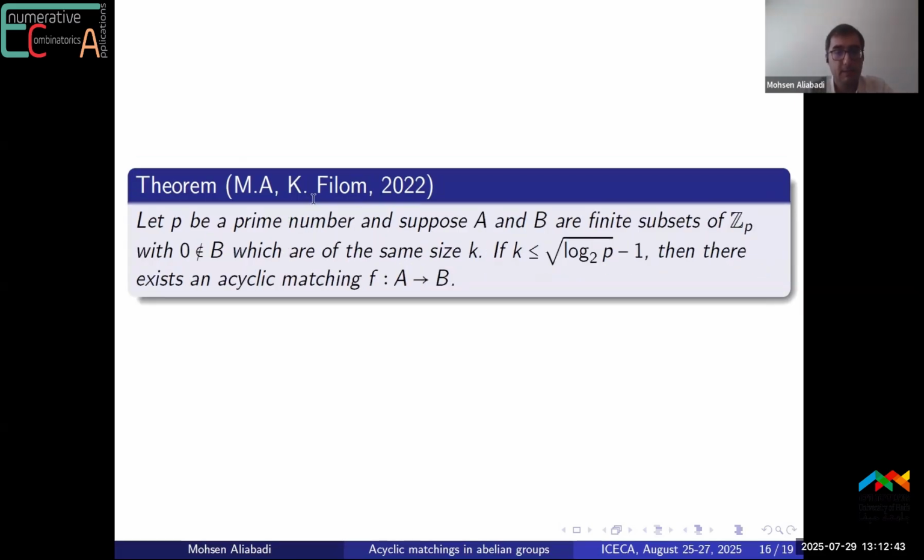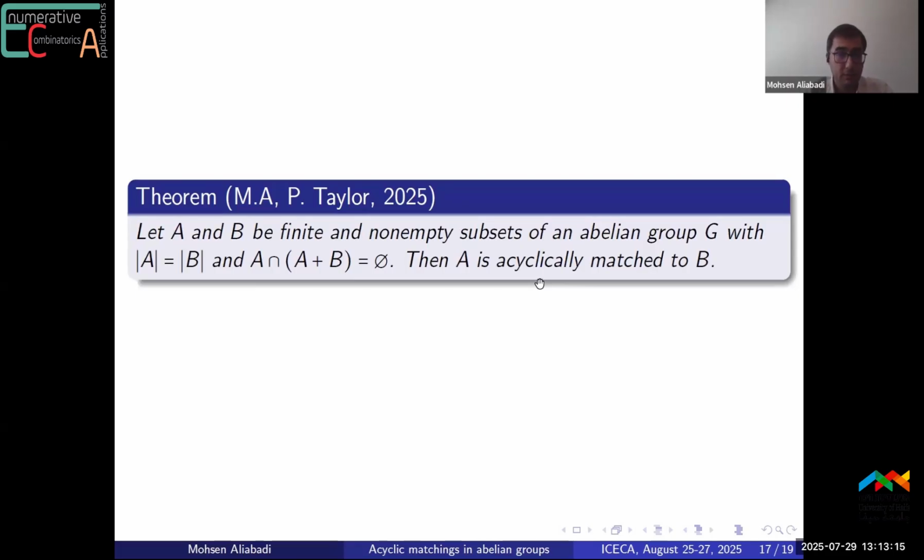And again, in the same paper with Philo, we proved that if p is a prime and A and B are finite subsets of Z_p, with the condition that B does not contain the neutral element, and assuming that the sizes of A and B are sufficiently small, then we can guarantee the existence of at least one acyclic matching from A to B. Very recently, in 2025, together with my collaborator, Peter Taylor, we proved that if we consider this condition, A intersection (A plus B) equals the empty set, then A is acyclically matched to B. And the feature of this condition here is that in this case, every bijection from A to B would be a matching.